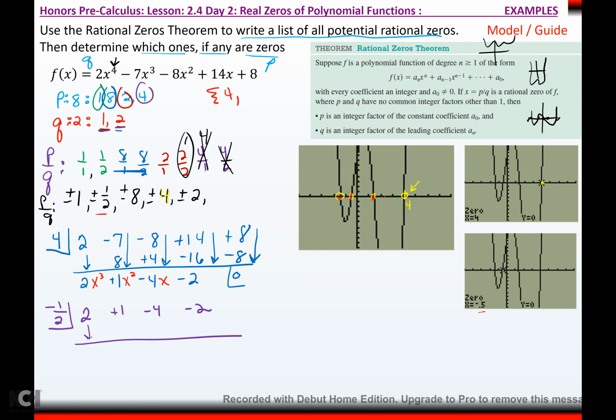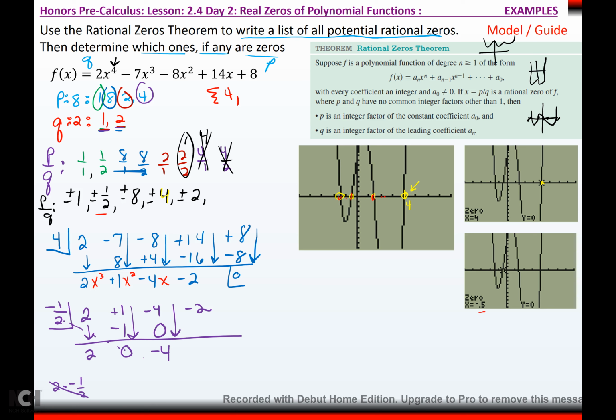Okay? 2 comes out. And if you do 2 times negative 1/2, those 2 cancel, and you bring back negative 1. Positive 1 eats negative 1, and 0 comes out. 0 goes back, multiplies by negative 1/2, and brings nothing back. Negative 4 eats 0 and comes out negative 4.